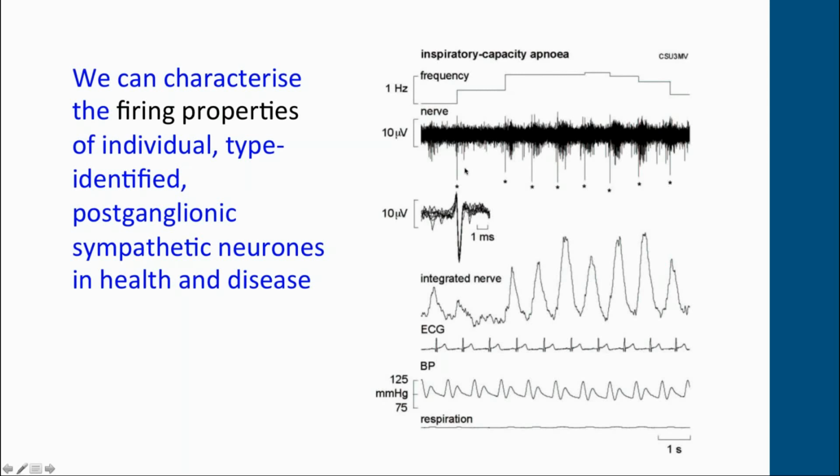And as you can see, individual neurons, and this is a common feature we have found, are generally firing once and only once per cardiac interval. Occasionally they fire 2 to 3 times, 4 times within a cardiac interval.